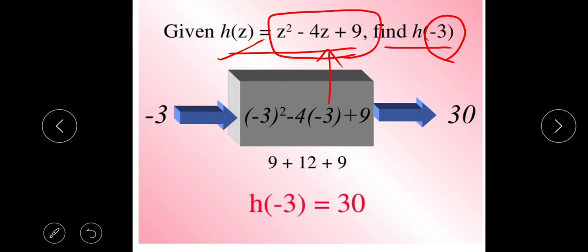So in the place of z, you substitute the input value, that is minus 3. So this is minus 3 the whole square. Don't forget to put the bracket since it is a negative number. So minus 3 the whole square minus 4 into minus 3 plus 9. So the total answer will be 30.